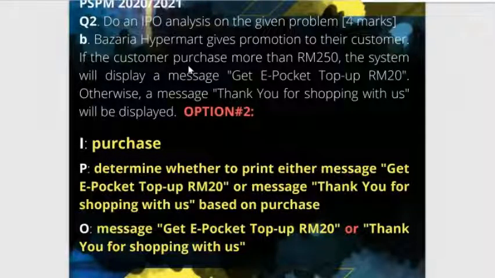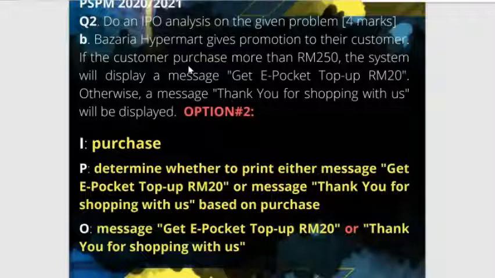Determine whether to print either message get e-pocket top-up RM20 or message thank you for shopping with us based on purchase. All right. And the output is the message get ePocket top up RM20 or thank you for shopping with us. This is an option for you to answer.